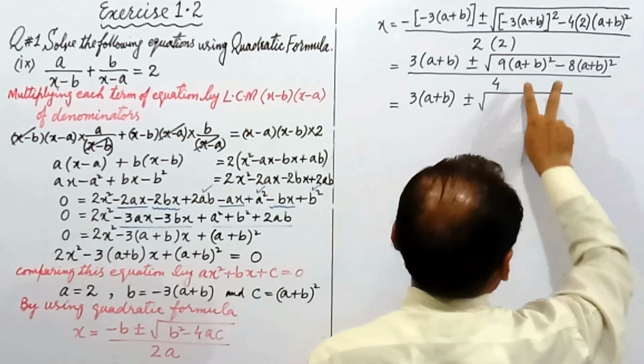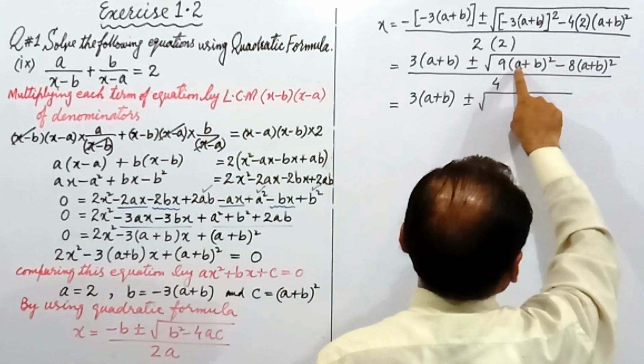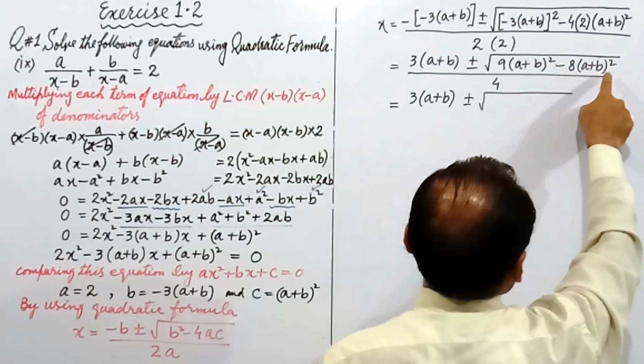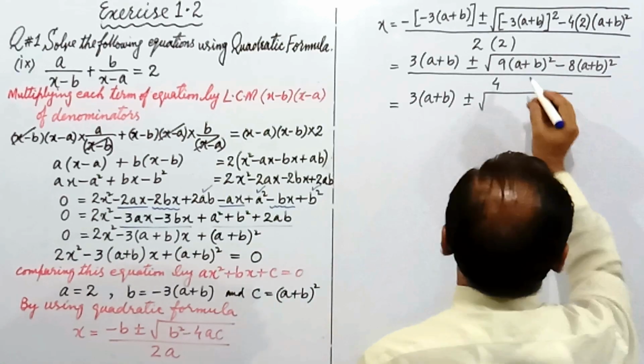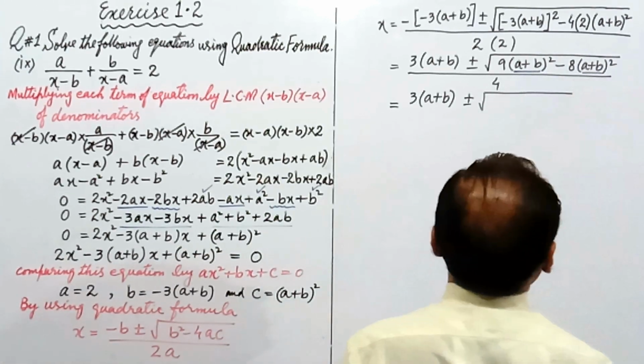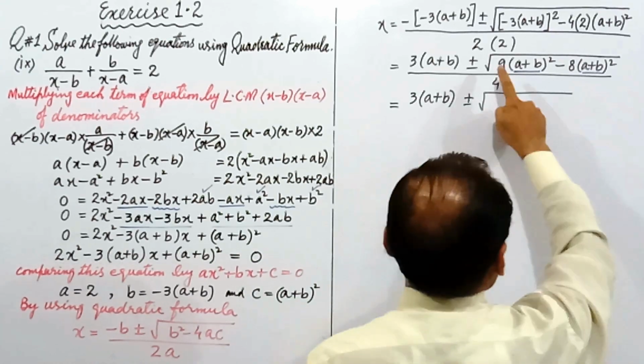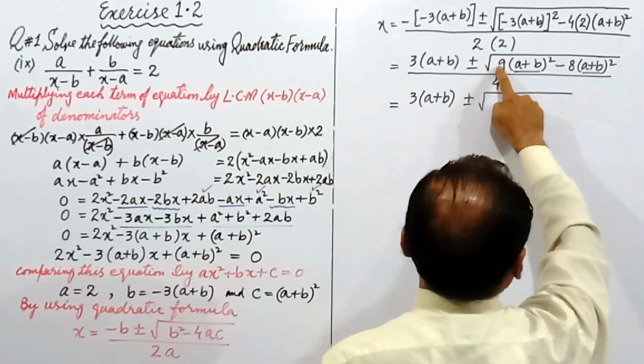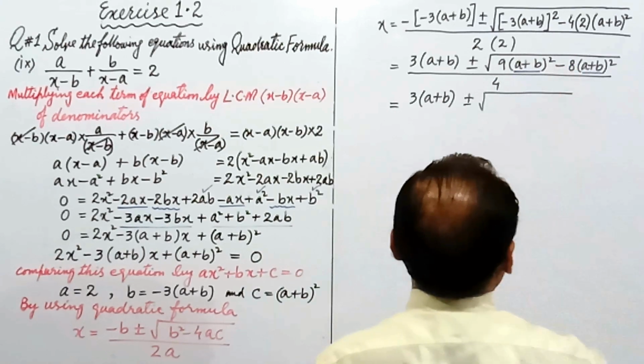In the next step, 3 into a plus b plus minus under root. We use the simple phenomena of like terms. If you observe, the variable is a plus b whole square in both these terms. We take a plus b whole square for like terms and the coefficients are subtracted as the signs are different. 9 minus 8, we have 1.